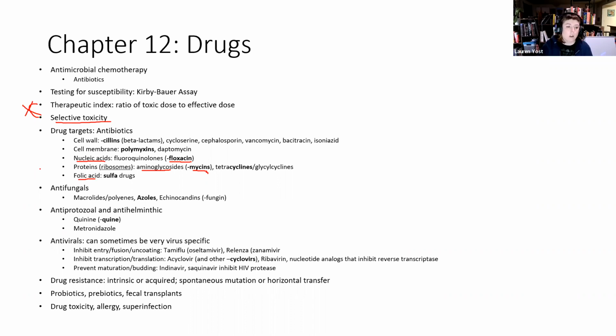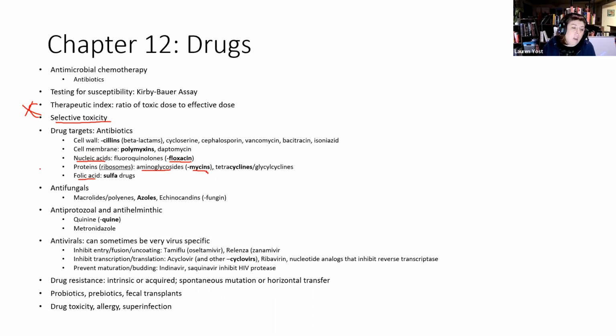But a lot of these antifungals will have azole, like ketoconazole. If you've heard of amphotericin to treat a fungal infection, that is a macrolide or polyene. And then we have the echinocandins, which often end in blah, blah, blah fungin. I don't know much about these, but there it is.